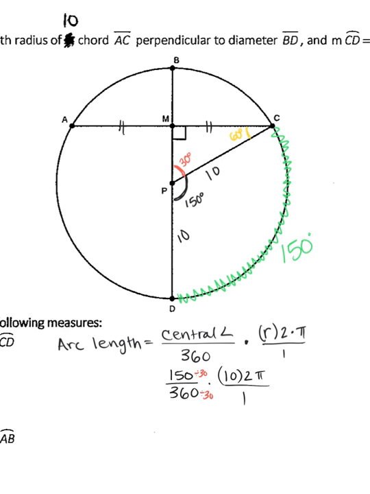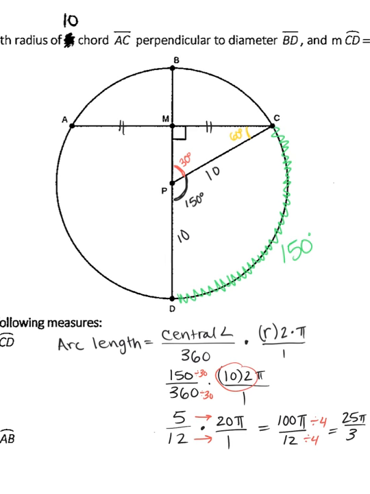And that will give me 5 over 12 times 20 pi. Then I can multiply straight across and I get 100 pi over 12. Before circling my final answer, I see that both of these numbers are divisible by 4, which gives me a final reduced answer of 25 pi over 3.